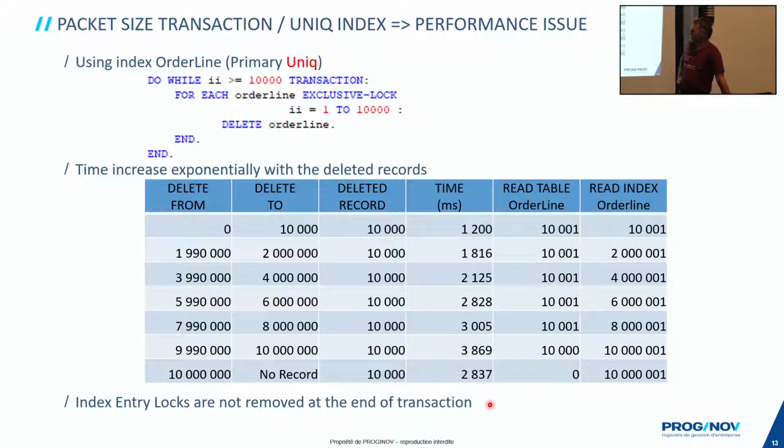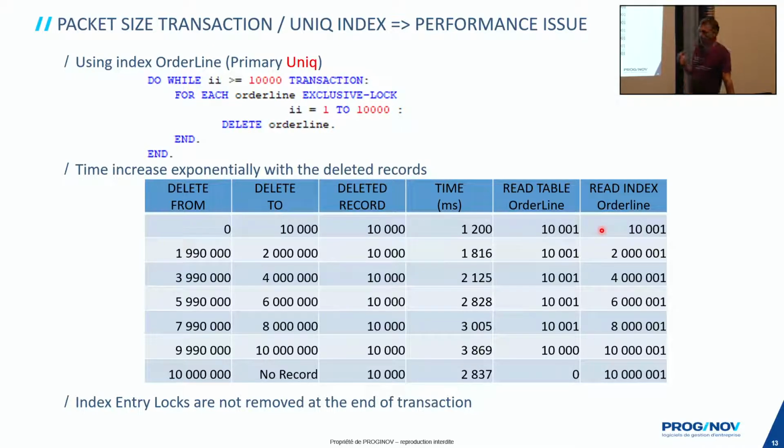So I did this test, deleting several records from 0 to 10 million by packets of transaction size 10,000. In the first loop of my iteration, I delete 10,000 records. It took 1.2 sec. I'm reading 10,001 records of order line.